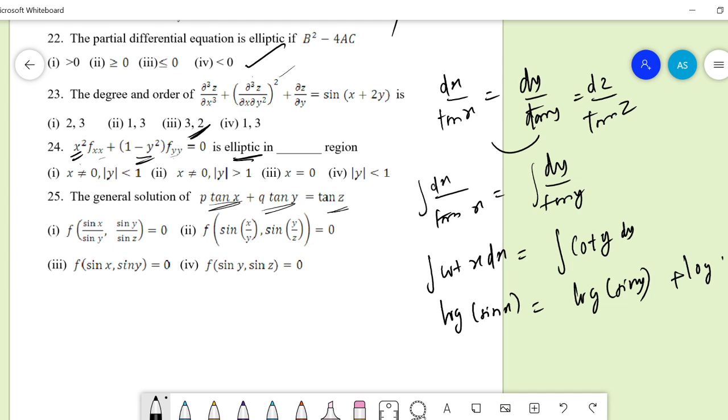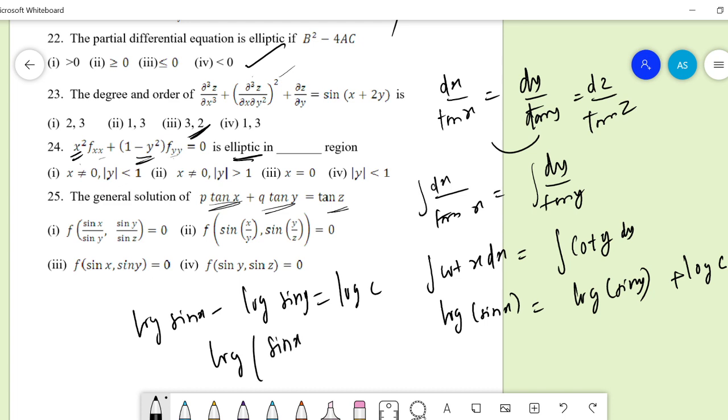So add the integrating constant as log c. So log sin x minus log sin y equals log c. Log m minus log n is log m by n, so log of sin x by sin y equals log c. Log gets cancelled, sin x divided by sin y equals some constant u.